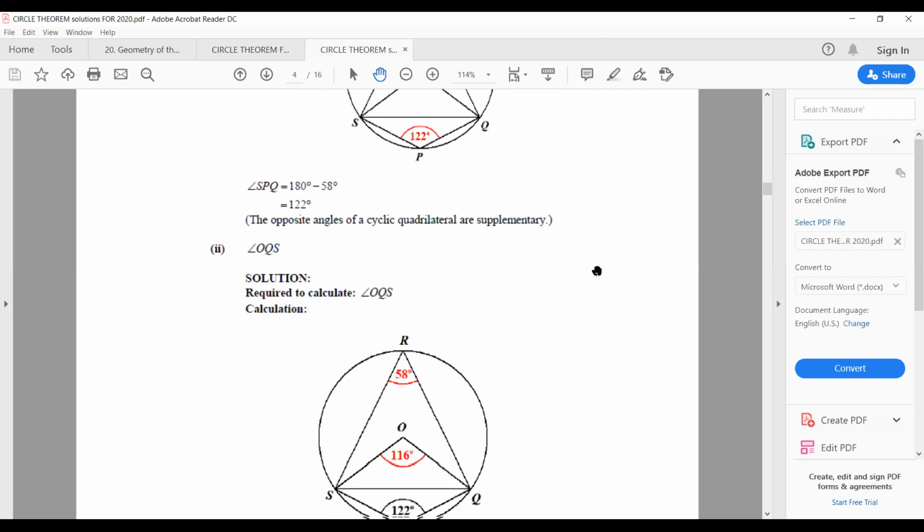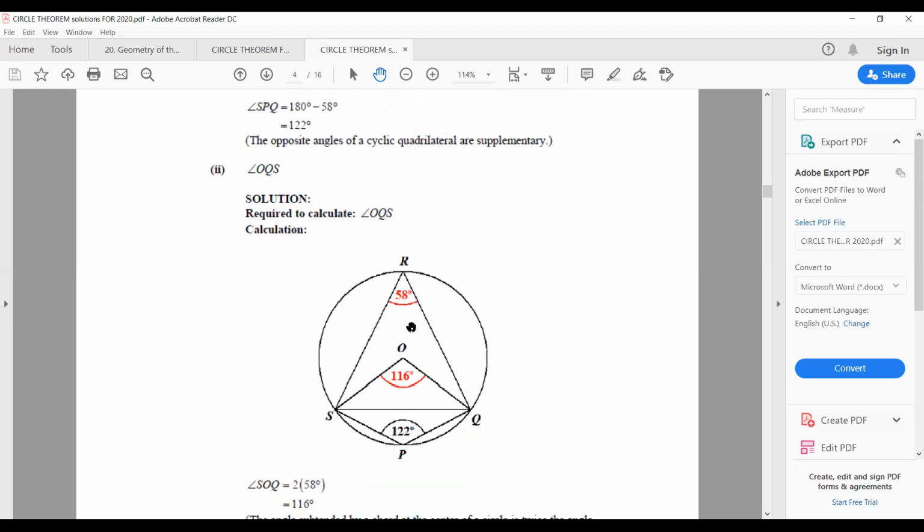So we are required to find angle Q now. Since we know this here is 58, then the center here is twice the size. So it's 58 multiplied by 2, which is 116. This is a question that's quite similar to the one we get in the multiple choice. That is the only circle theorem question I've seen in a number of years.